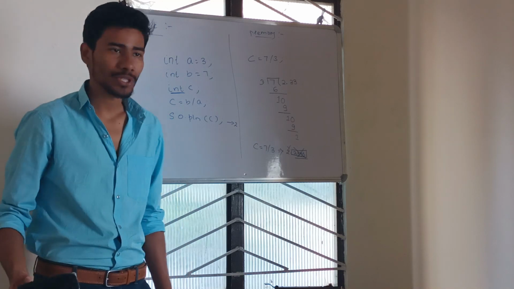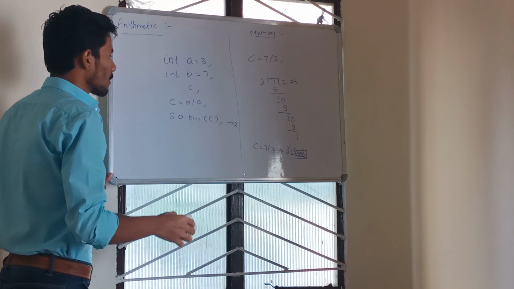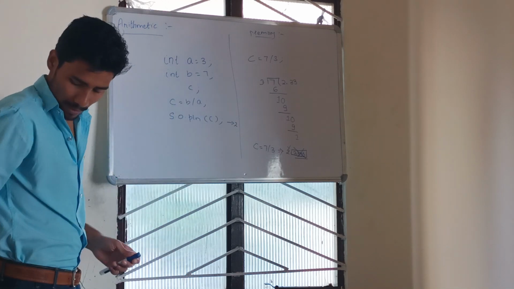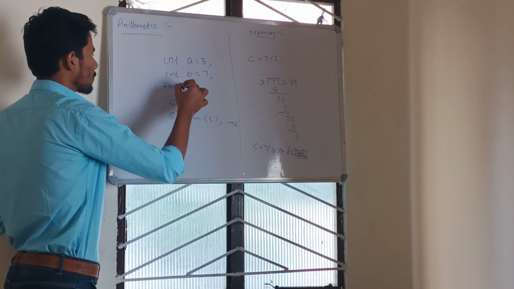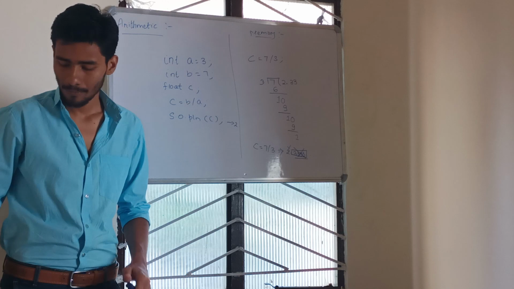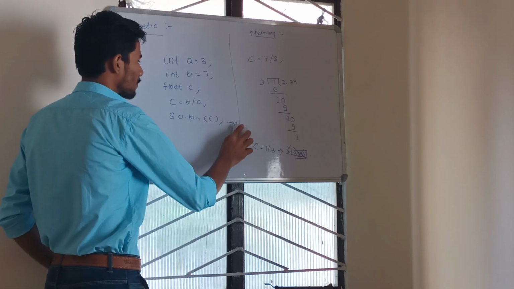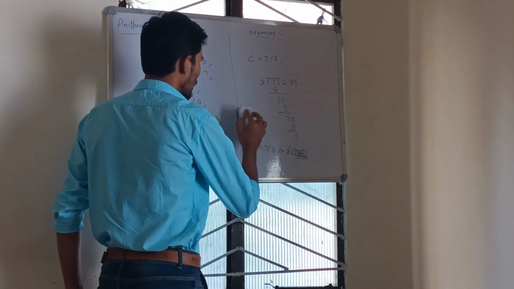But if we will make a twist, what twist I will make? Now what will be the output? 2.33. 2.33.